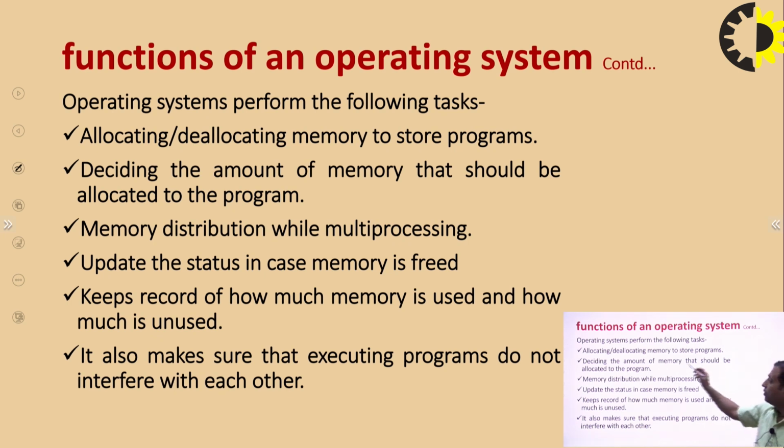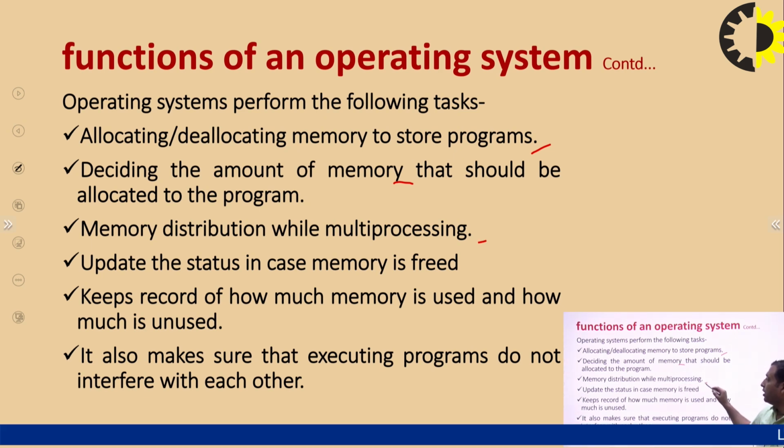Now, what does it do? Allocating and deallocating memory to store programs: allocate memory and deallocate it after use, deciding how much memory should be allocated to the program. Now memory distribution with multiprocessing. If there are multiple processors, then how to distribute the memory among the multiple processes and CPUs.